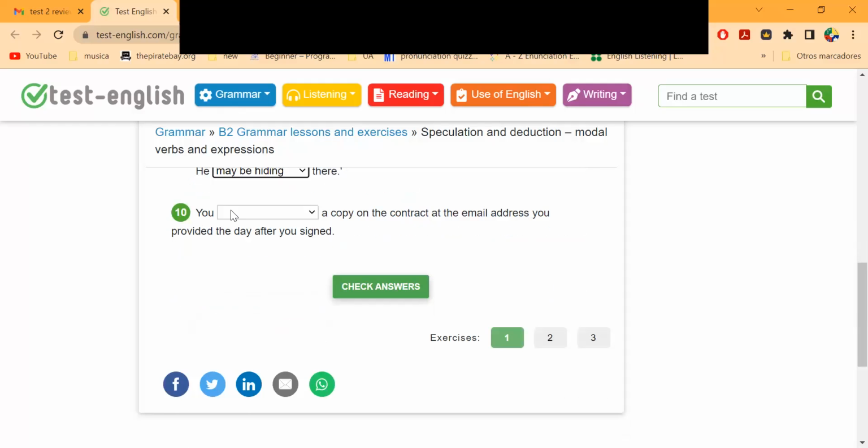That's a possibility. You should have received a copy of the contract at the email address you provided the day after you signed. Esto es pasado. Por lo tanto, tenemos solamente una possibility. Should have. Yeah, absolutely. Los otros dos se están refiriendo al presente futuro. Súper bien.